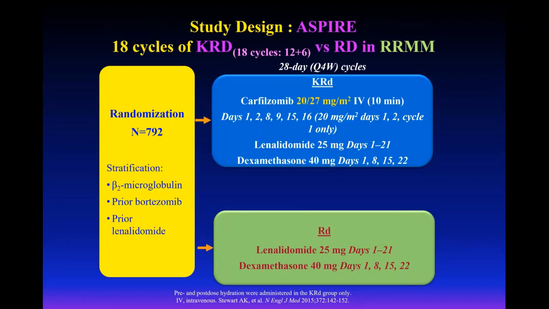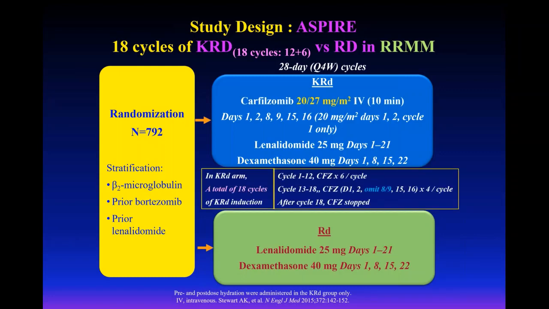So I'm going to go into these studies in deeper detail now. First of all, it's the ASPIRE study, which was published in the New England Journal in 2014. Basically, relapsed myeloma patients were randomized to receive carfilzomib versus the backbone of RD. In this particular instance, first of all, the dose of carfilzomib is 27 milligrams per square meter in this study, and only 18 cycles of carfilzomib were used for induction.